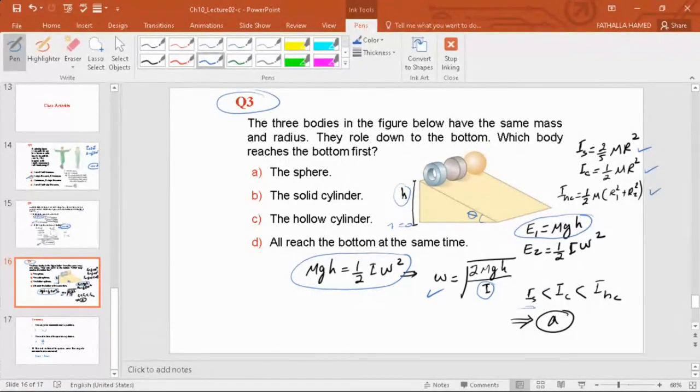The sphere has the lowest moment of inertia because we made a condition that m and r are the same for all of them. The one with the smallest moment of inertia will be faster, and that's why our answer is going to be A. Is this clear? But we made a condition here: the mass stays the same and the radius stays the same. Is this clear?